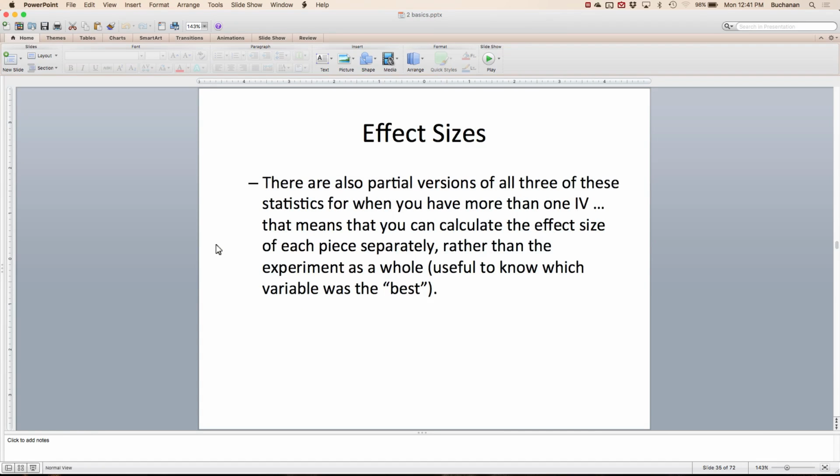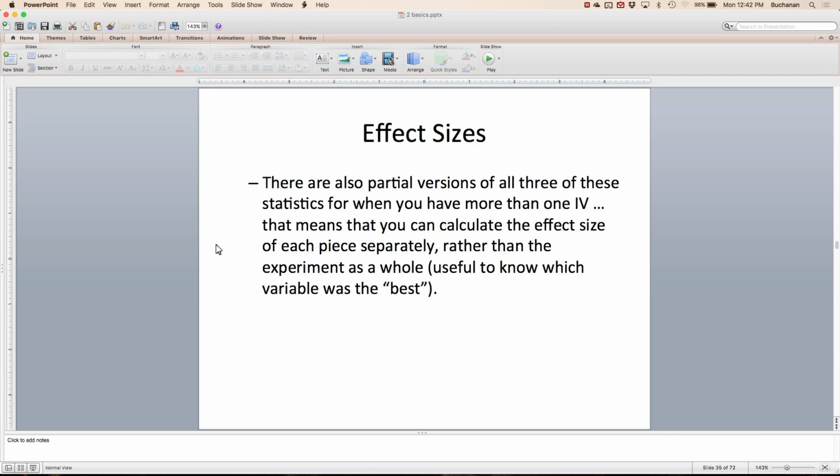There are partial versions. So you'll see partial eta squared. Usually it's delta r squared. Or partial omega. Partial just means it's one variable at a time.